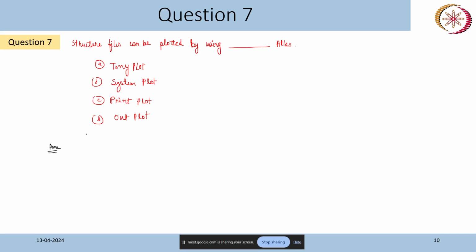I hope you already got the correct answer. So here the answer is A. Structure files can be plotted by using Tony plot in Atlas. Okay. So this is Tony plot. This is in the command group result analysis, right? This is for result analysis.